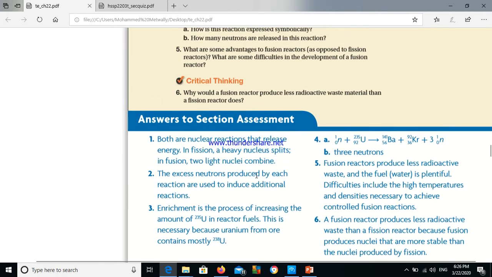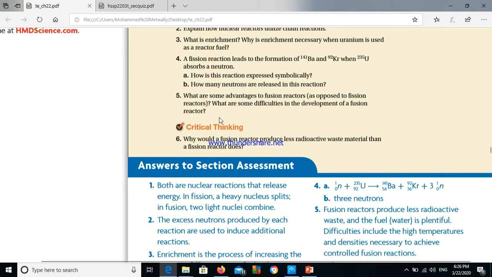Question 4. A fission reaction leads to the formation of barium-141 and krypton-92 when uranium-235 absorbs a neutron. How is this reaction expressed symbolically?